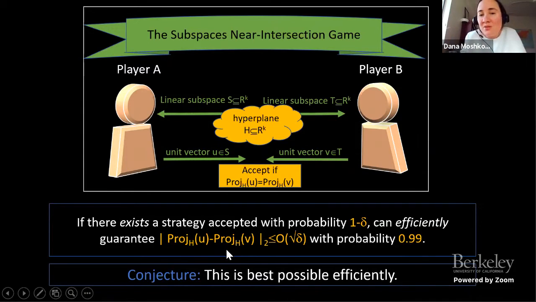The provers can do almost nothing and still get a 1 over square root K. Getting 1 over square root K difference is not interesting. This is only interesting when K is about something like 1 over delta. 1 over square root K is large, whereas to get a delta difference is small. So we don't want to lose 1 over square root K.